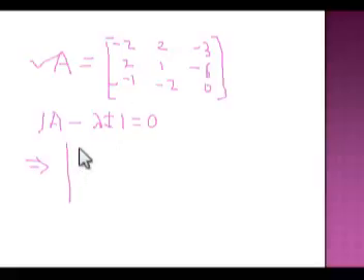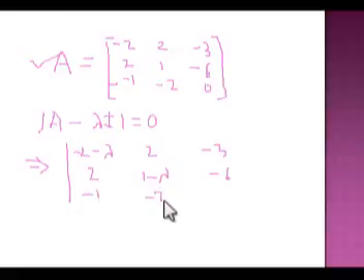Now this is a determinant: -2 minus lambda, 2, -3; 2, 1 minus lambda, -6; -1, -2, minus lambda.